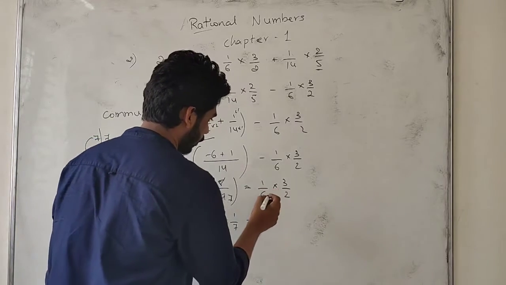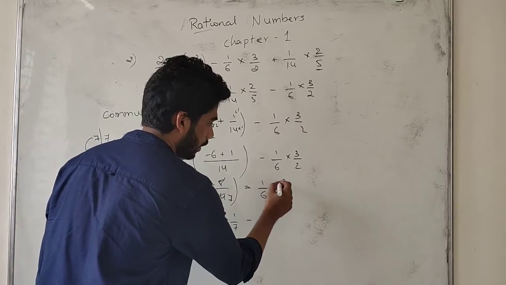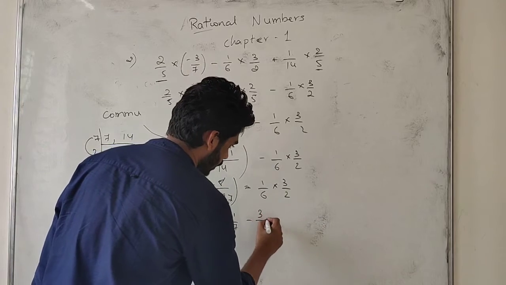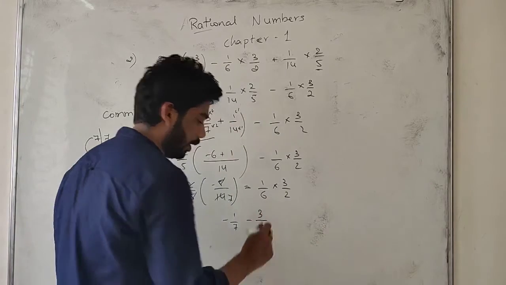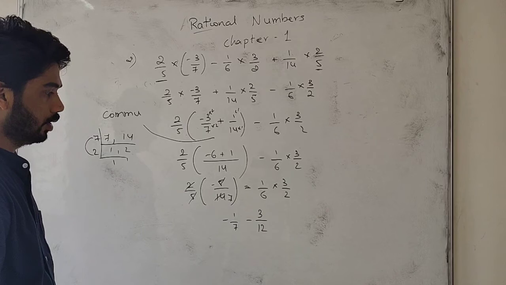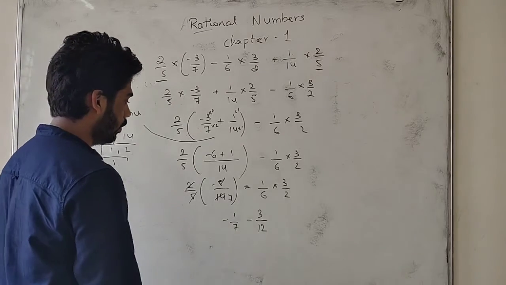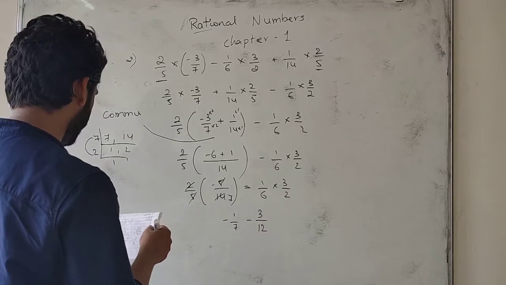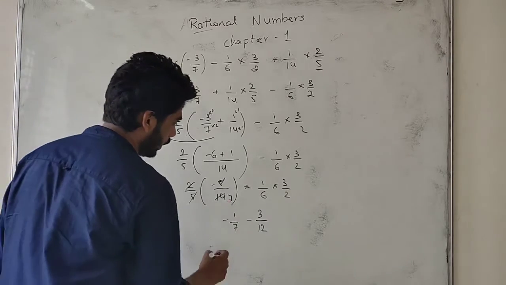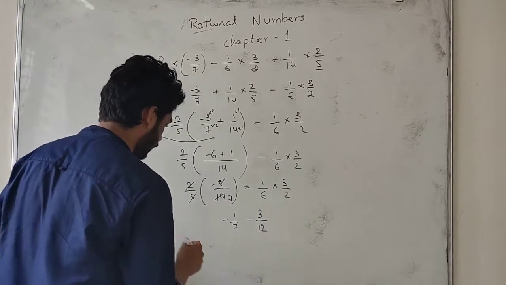Next, minus 1 by 6 into 3 by 2: 3 ones are 3, 6 twos are 12. We get this as 12. Next, further we can take the LCM.